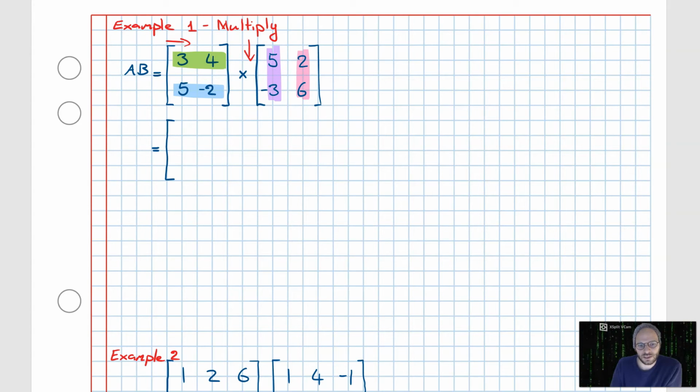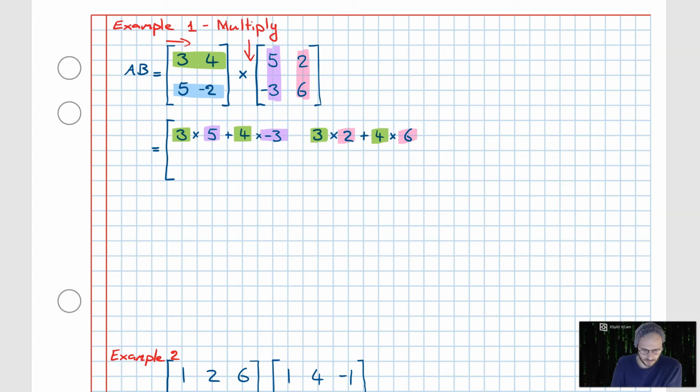Now this is going to yield, for the first element, 3 multiplied by 5 plus 4 multiplied by -3. For the second element, 3 multiplied by 2 plus 4 multiplied by 6.